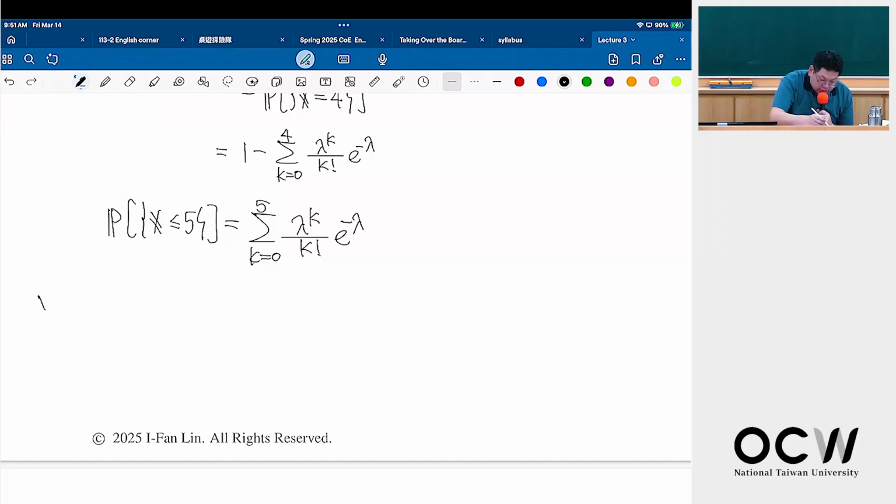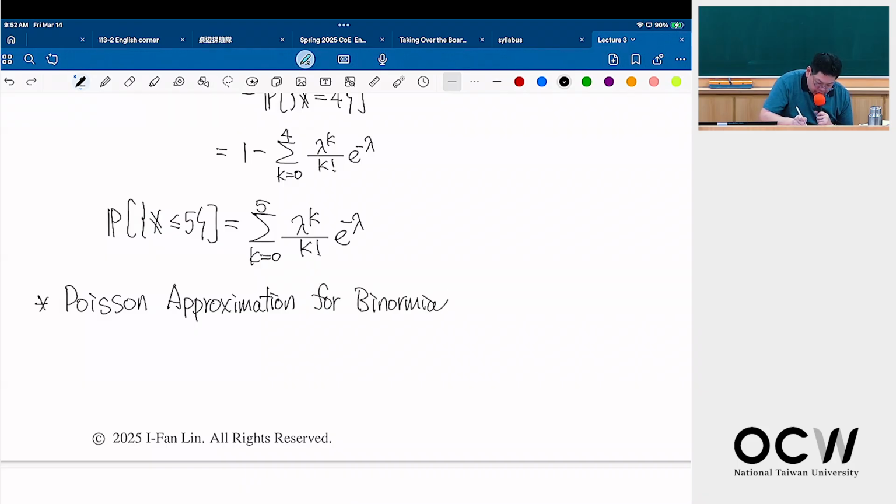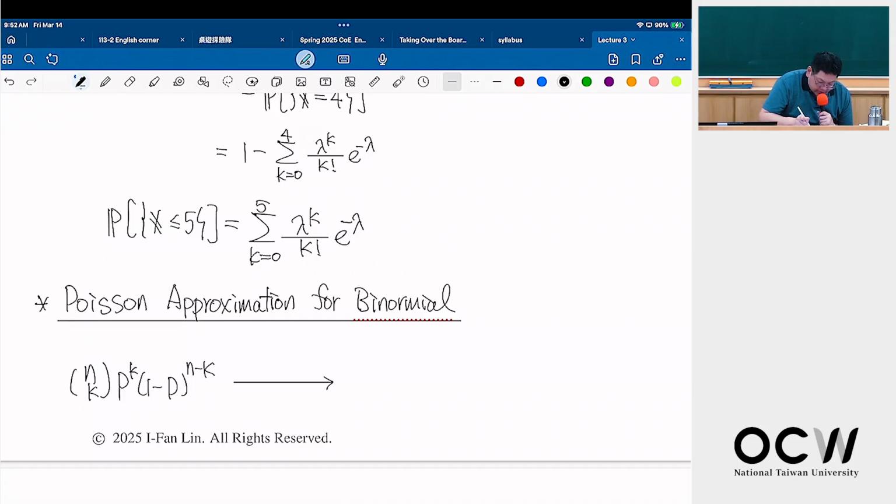So here, Poisson approximation for binomial. So n choose k, p to the k, 1 minus p to the n minus k, will converge to lambda to the k over k factorial, e to the minus lambda.